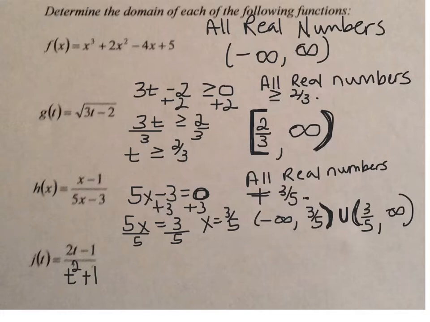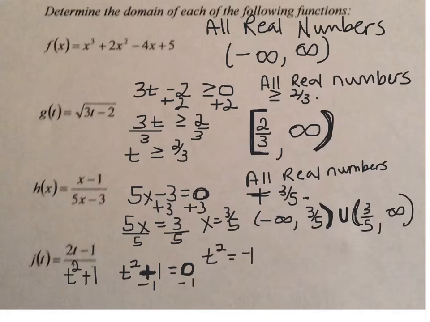I have a denominator again, so I'm going to set t squared plus 1 equal to 0. Now, let's see if I can solve this. I'm going to say t squared is equal to negative 1 because I'm going to subtract 1 from both sides.